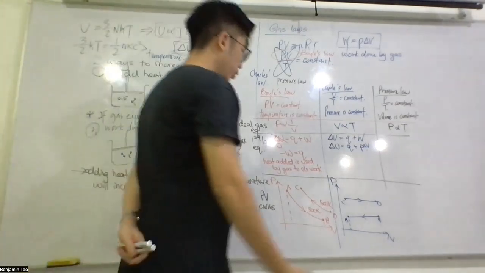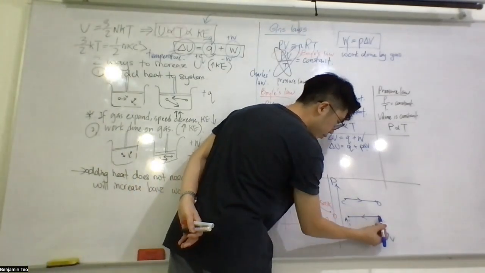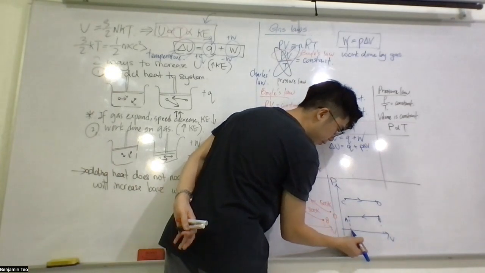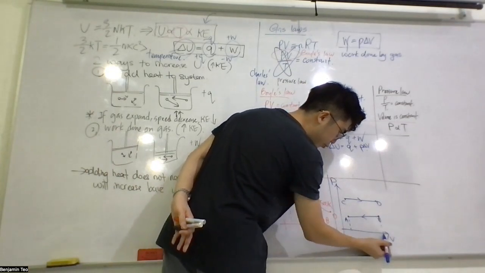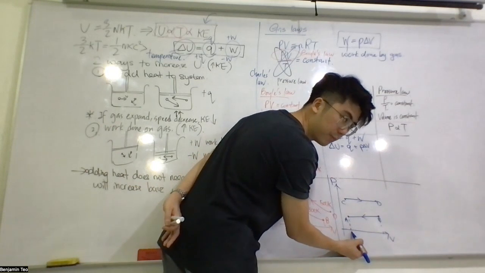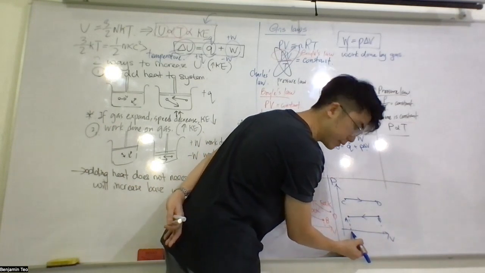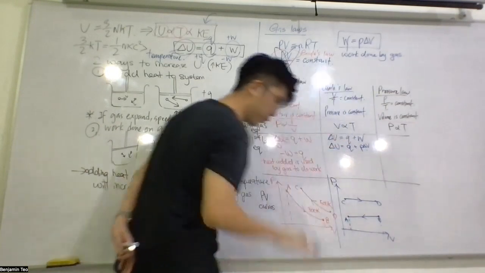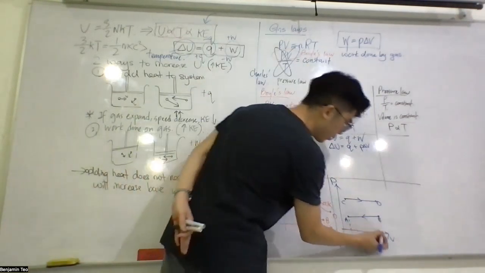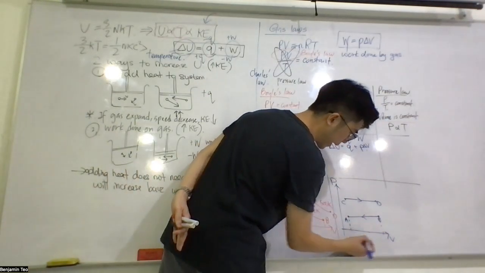Okay, so from B to A, volume decreases. What does that tell you? Volume decrease means you are doing work on the gas. You press the piston. How much work have you done on the gas?